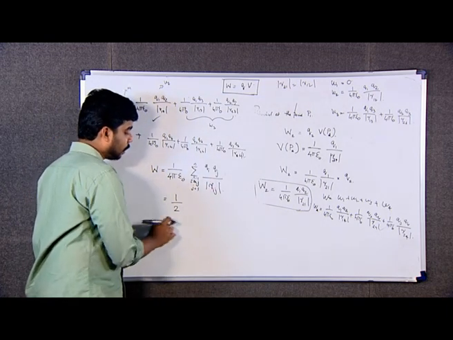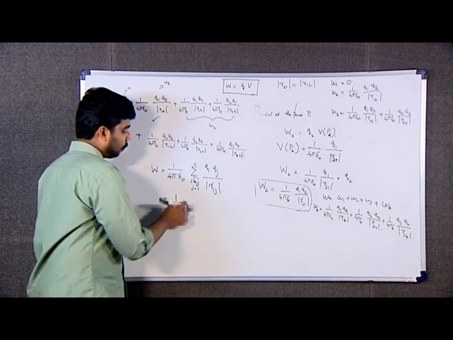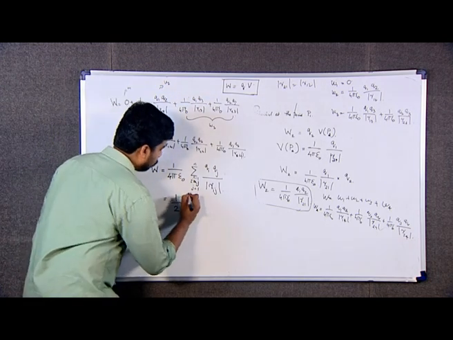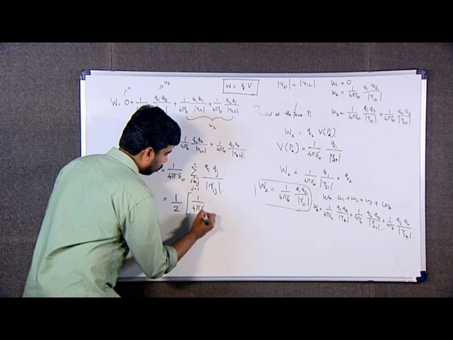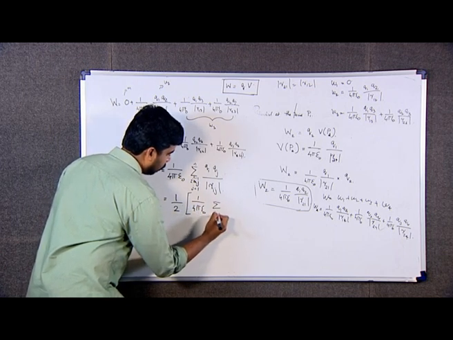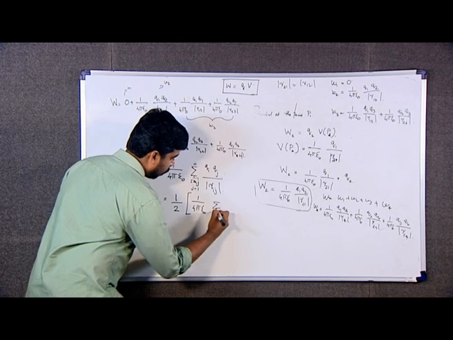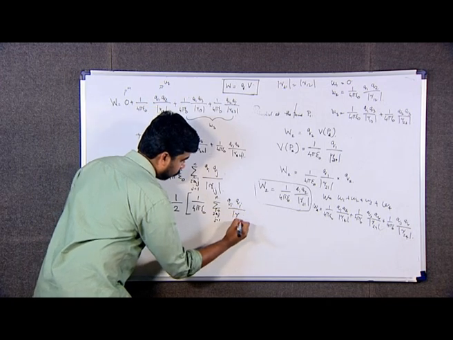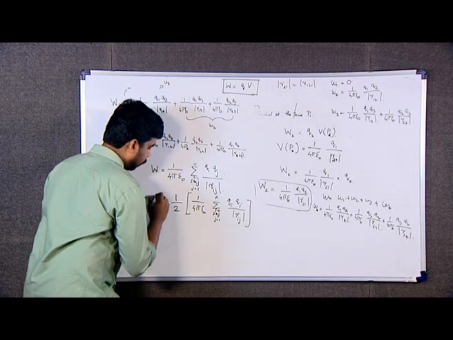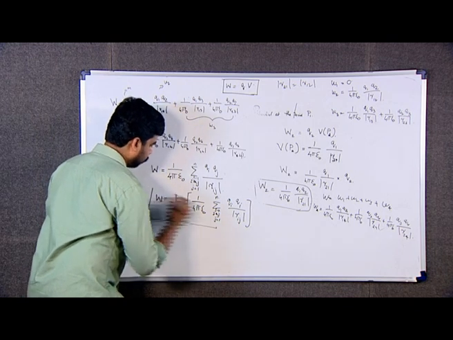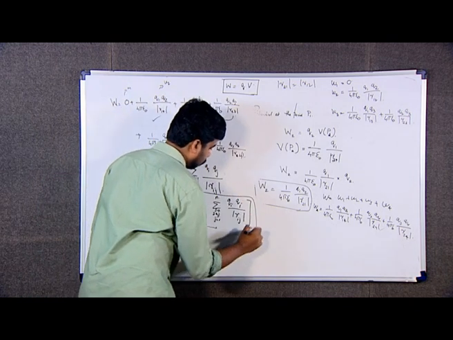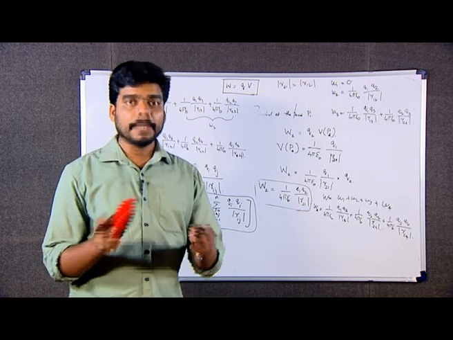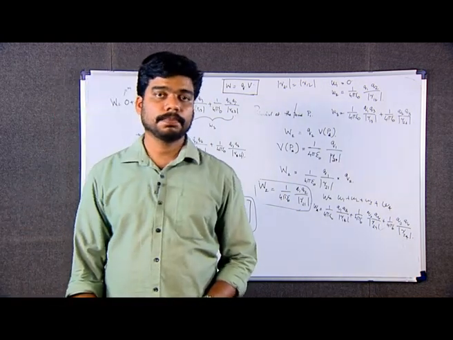So, W is equal to half into 1 by 4 pi epsilon 0 sigma i is not equal to j, i equal to 1 to n, j equal to 1 to n, Qi Qj by modulus of Rij. This is the work done in assembling n discrete charges to a region, not at a point, to a region.